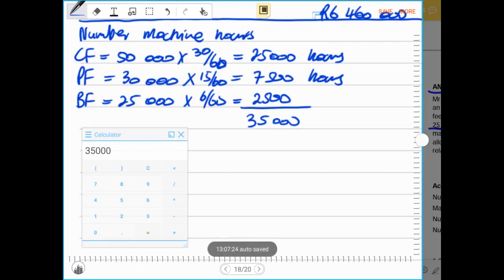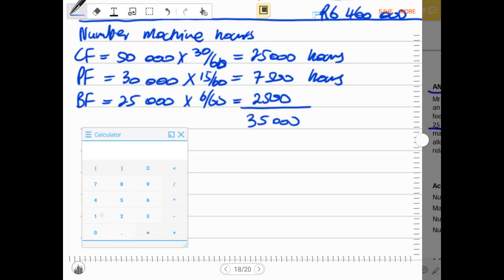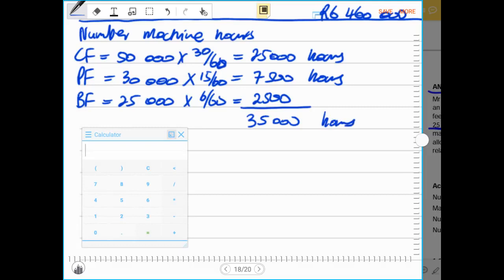25,000, 15 over 60 times 30,000, 7.5, 6 over 60 times 25,000, 2.5. So now these are the total hours that are required.